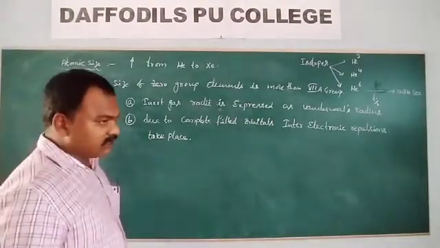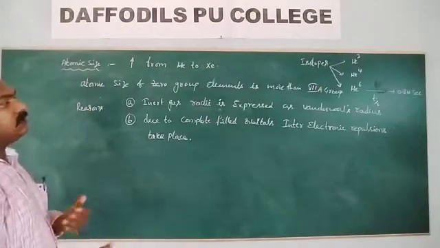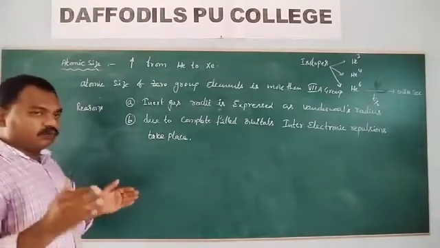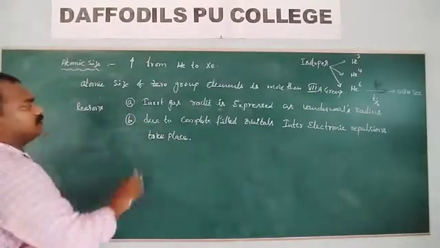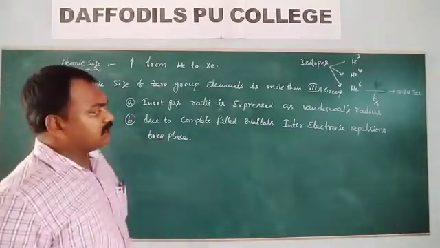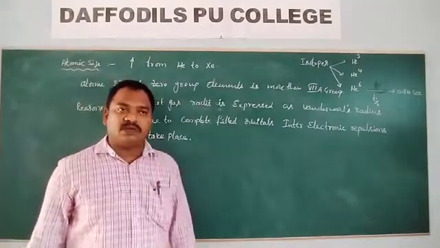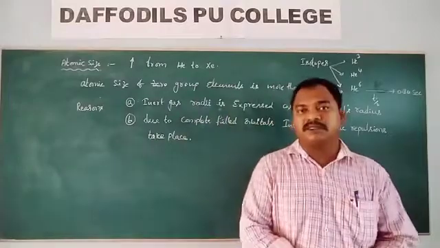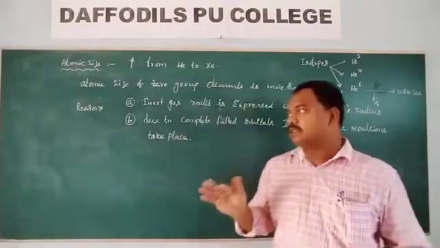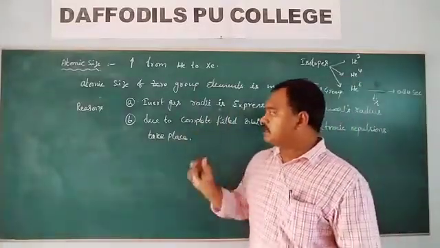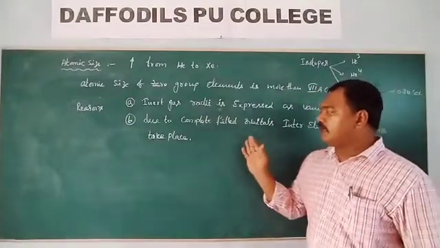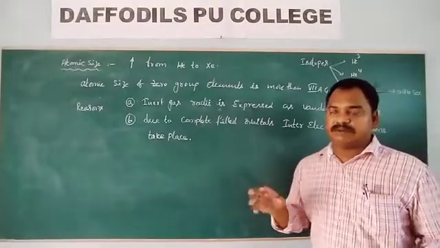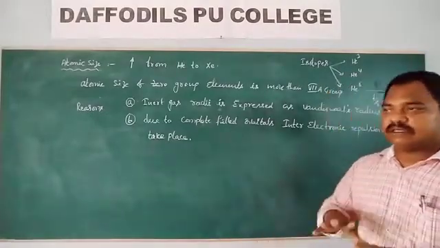Why the atomic size of zero group elements is more than seventh group elements can be expressed with two reasons. One reason is that inert gas radius is expressed as van der Waals radius, the highest among the different kinds of radii. The other reason is that due to completely filled orbitals, interelectronic repulsion takes place.